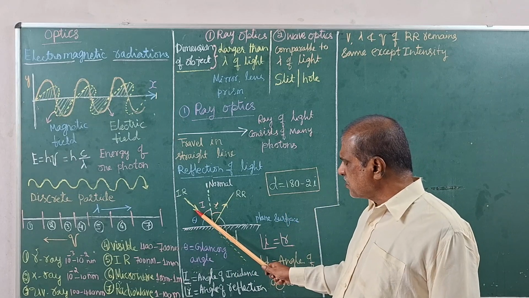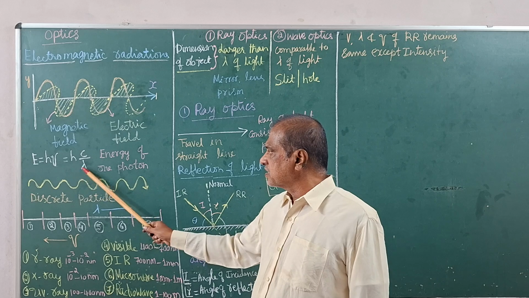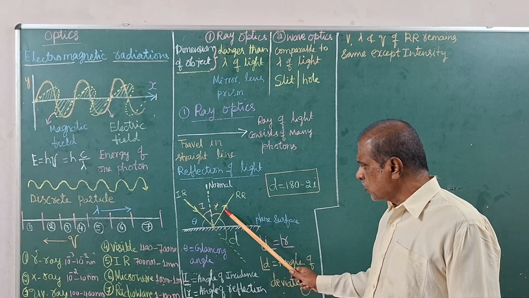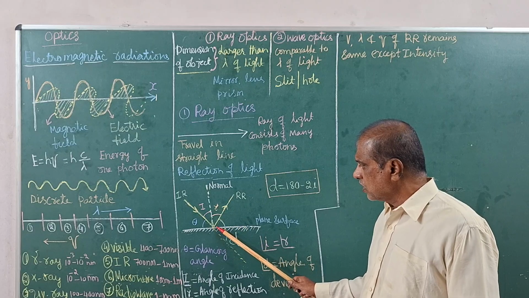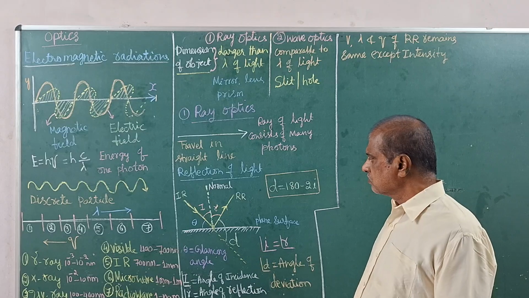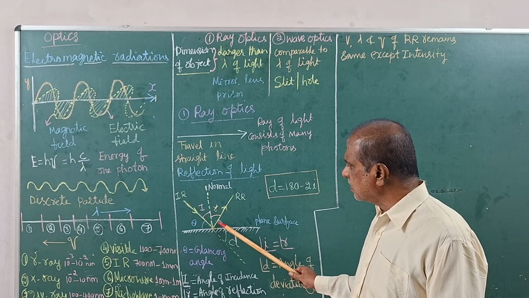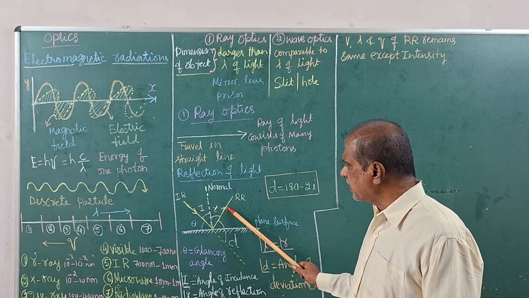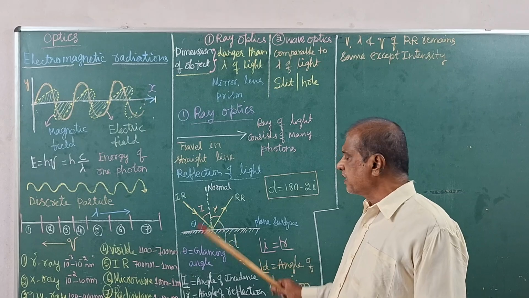If wavelength remains the same, frequency is also the same, because frequency and wavelength are interrelated. Same velocity bounces back. But the difference we find is in the intensity of the ray. The intensity of the reflected ray is always less than the incident ray.